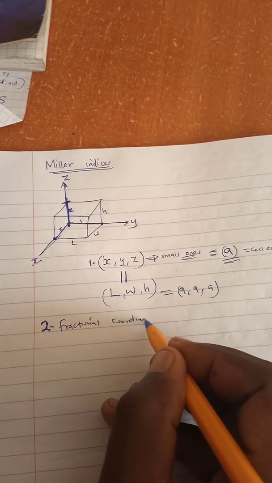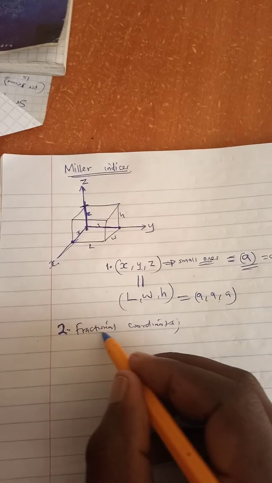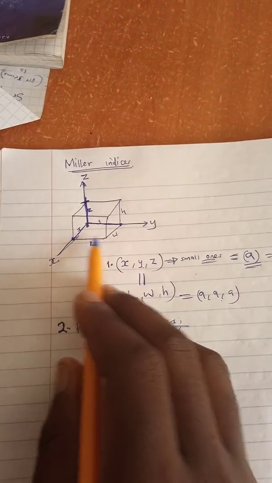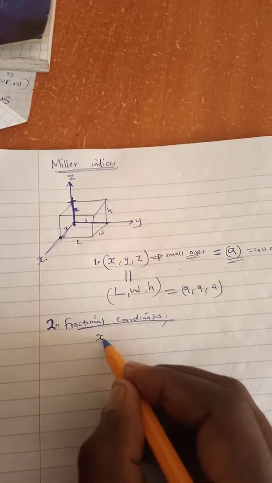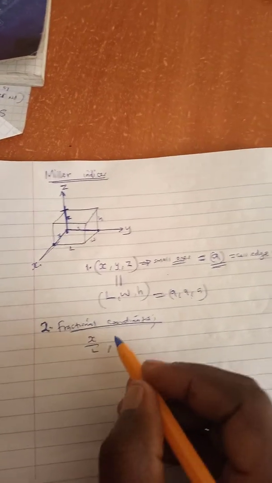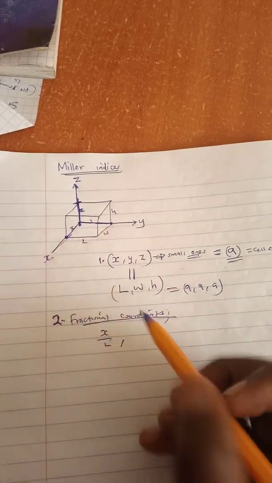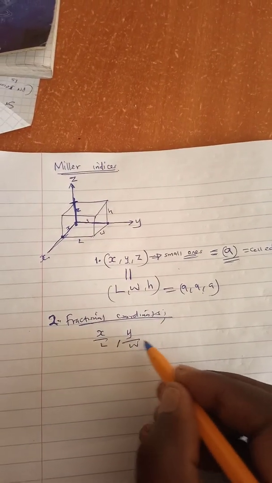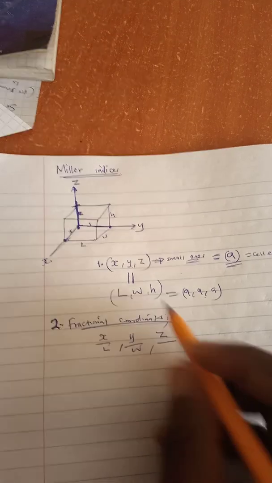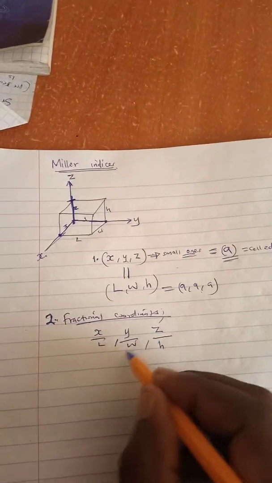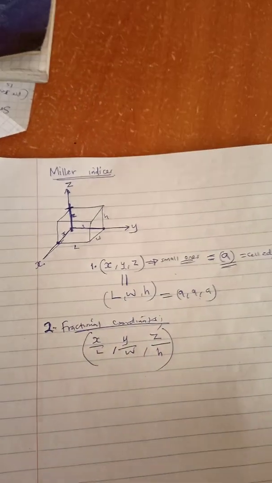What you do is take your value of x and divide by the length, so x over l, then y divided by the width, y over w, then z divided by the height, z over h.